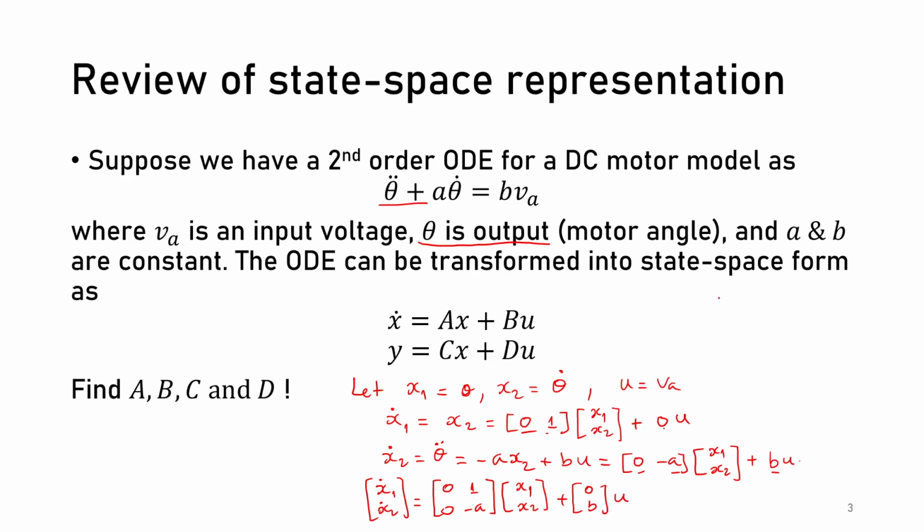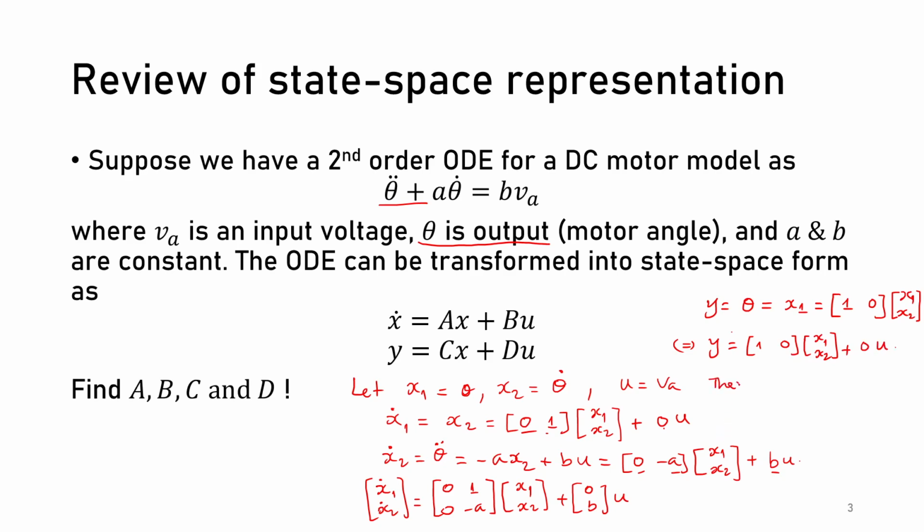And then y is the output, which is theta, and theta is h1, right? So actually it's just 1, 0 times h1, h2. And you don't have u in the equation of y, so you can write y equal to 1, 0 times h1, h2, plus 0 u.